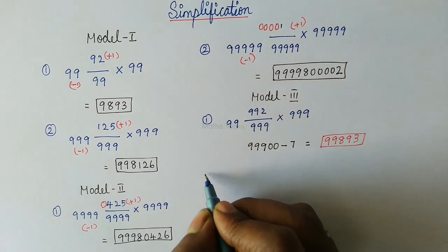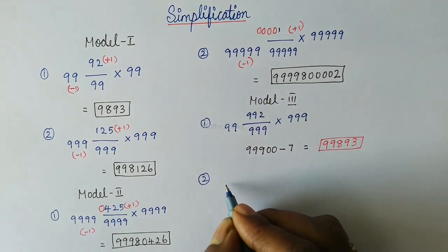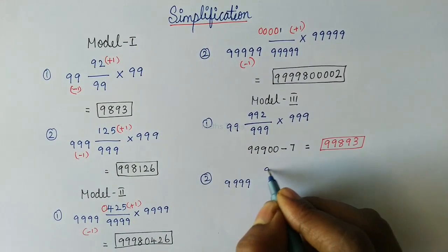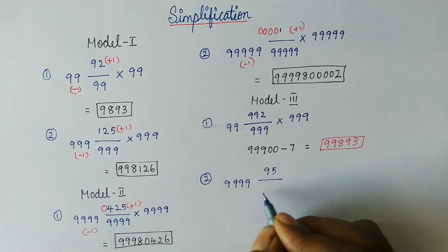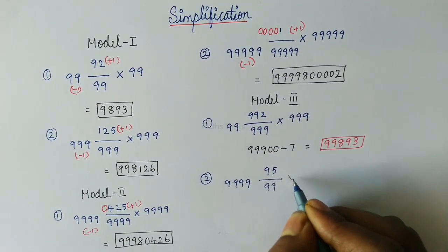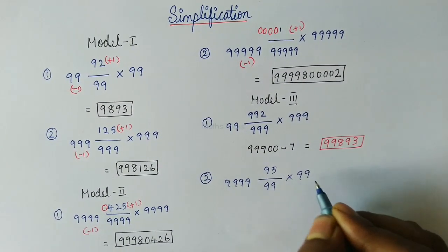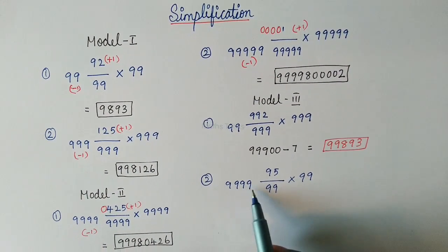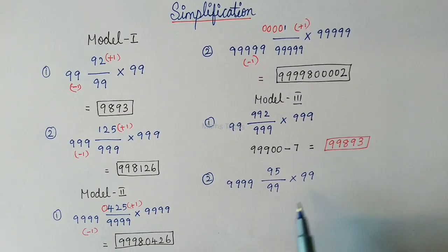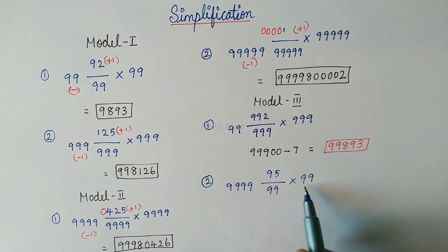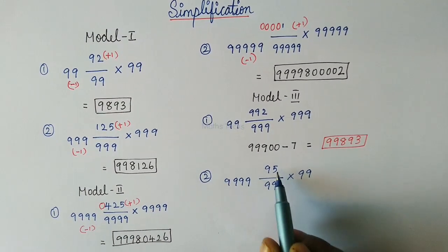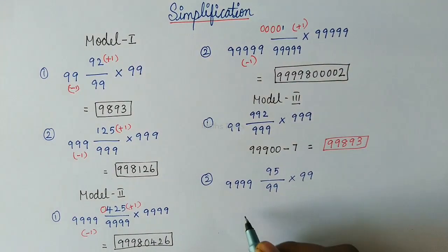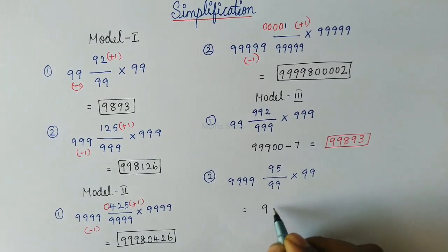Now let's enter into the final sum. This sum also has the same concept. Here 95 in the upper side divided by 9999 into 9999. Here we have 4 digits, and here 2 digits. So we have to write this 2 digits in the same condition here, like 99.